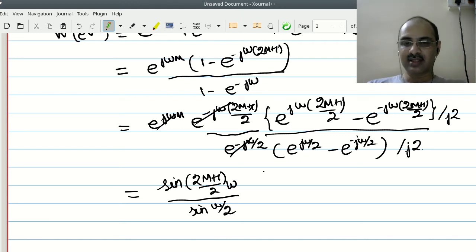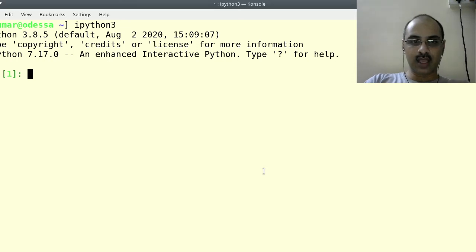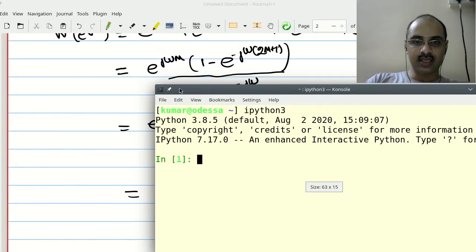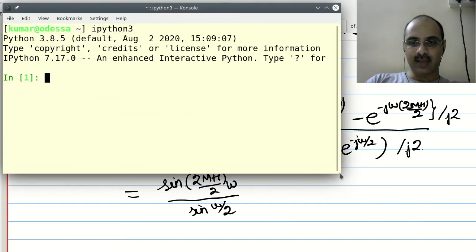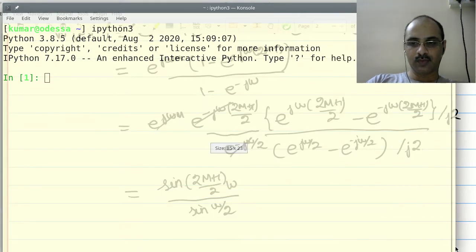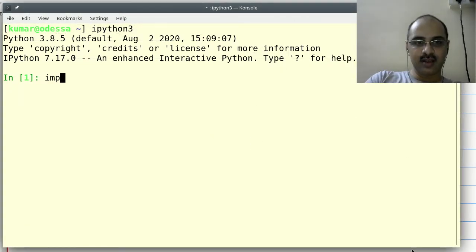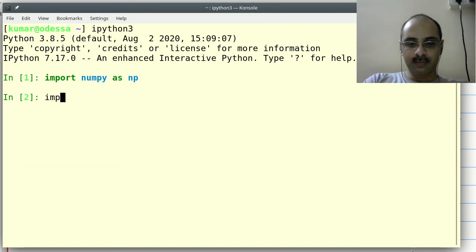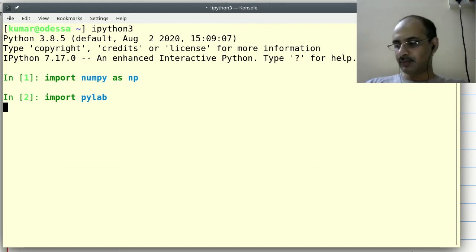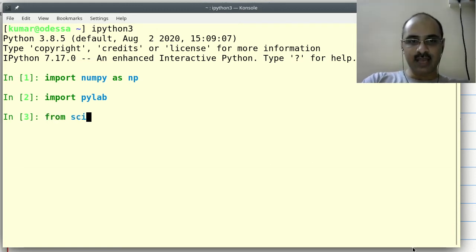Now again, this is DSP, so let us actually view this in a plot. Let me make this window size appropriate for you. We have an IPython window. Let's import numpy as np, import pylab, and from scipy.signal import freqz.